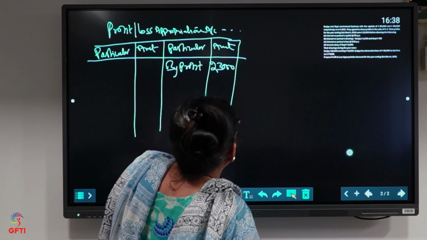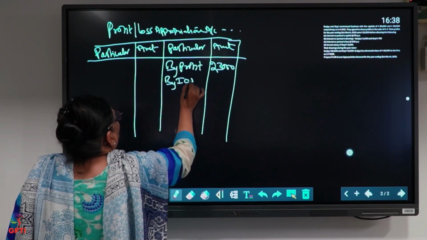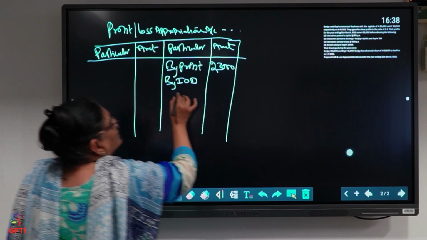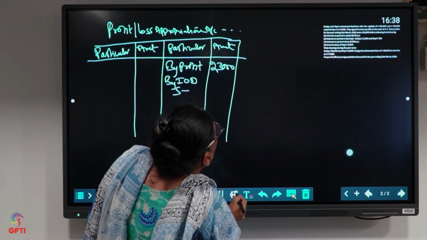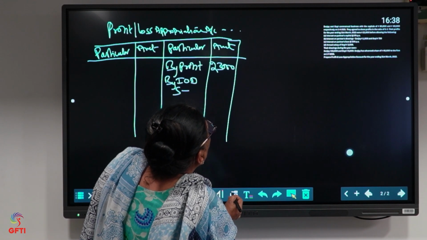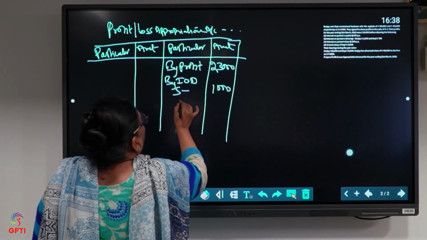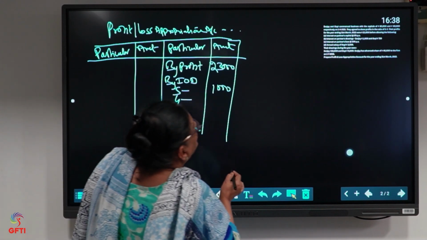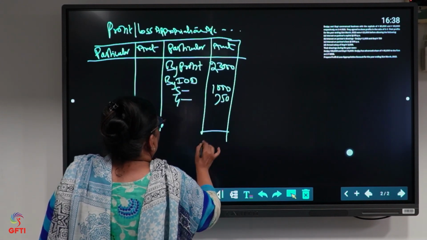Am I right? Yes. By interest on drawing, I'll write the short form because I've already done that. Sanjay's interest on drawing is 1,000 rupees and Gopi's is 750. Correct?